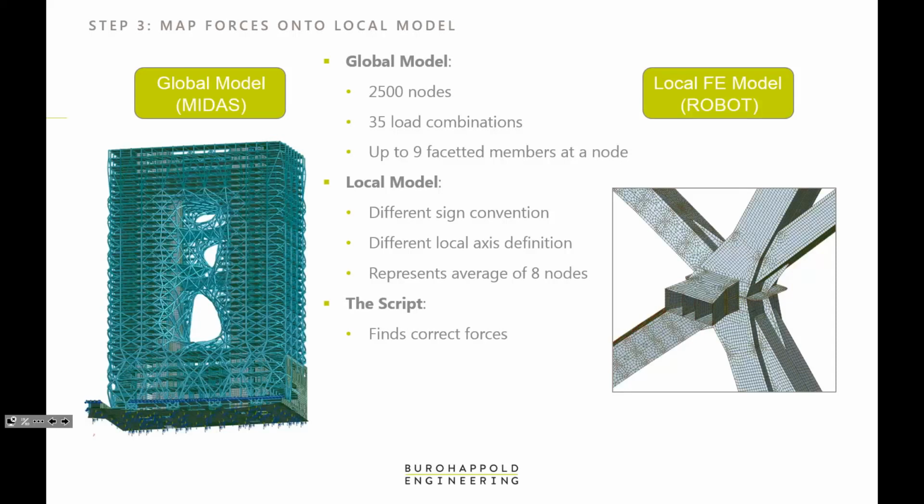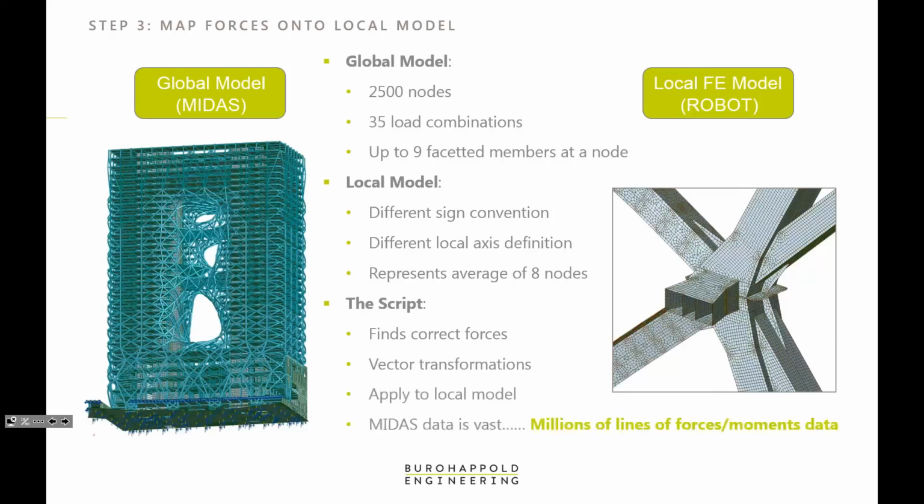So the script has got to be smart enough to work out which ones from all the similar nodes, alter all the sign conventions, and map them all onto our local model in the correct sense, so that if it's in compression, it is in compression, not tension. And as I mentioned, there are literally, I can't remember how many million lines of data. If we printed out everything for the whole model, I think it was 52 million lines.